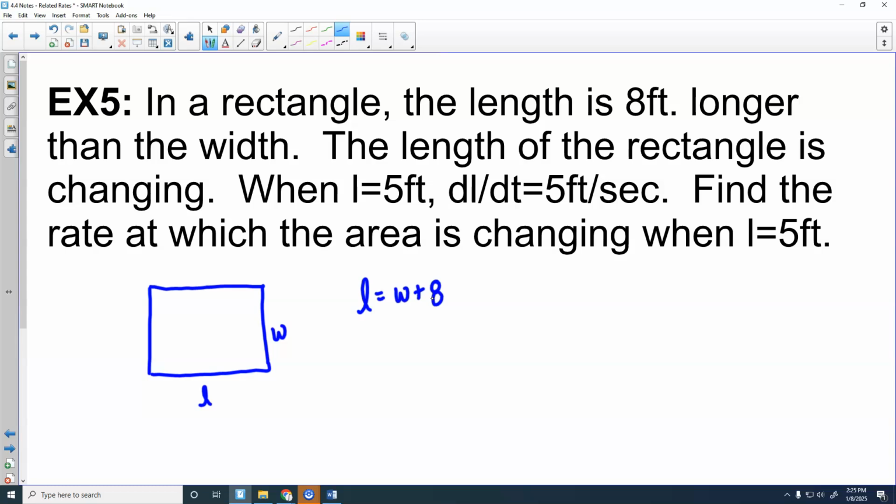All right, so the question is asking us to find the rate at which the area is changing. If it's asking me about the rate that the area is changing, the formula I need to start with is the area of a rectangle. So I would say area equals length times width.